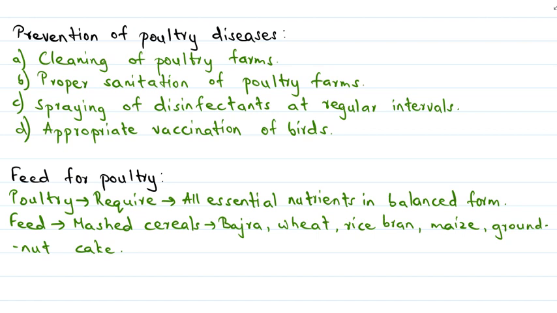Now packaged poultry feed is available in the market, and this has increased the production of eggs. Then fish meal and meat meal, which are prepared from the wastes of fish processing and meat processing industries respectively, are also used to feed poultry.